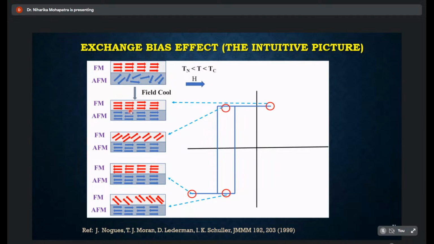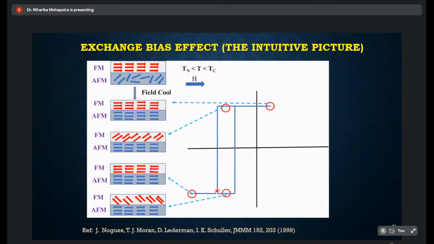But because there is exchange interaction between these two layers, they do not rotate easily. They need extra energy to rotate. That's why you need to apply more field in the negative direction to orient these spins.